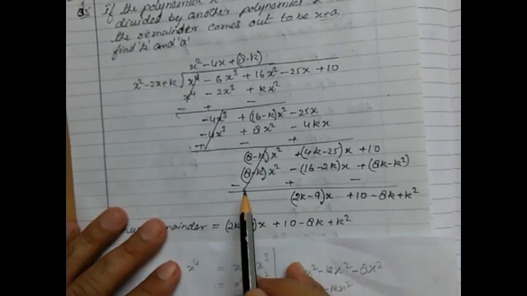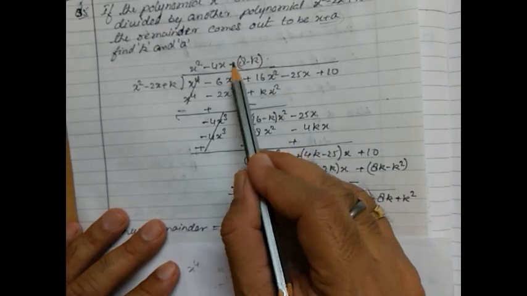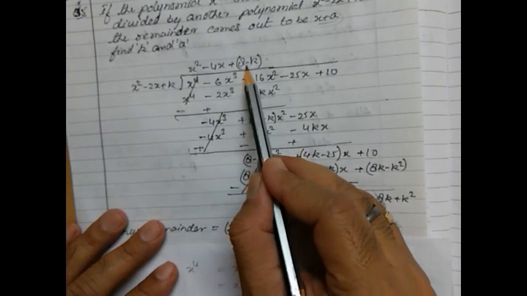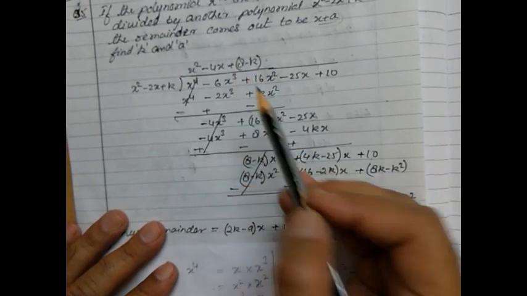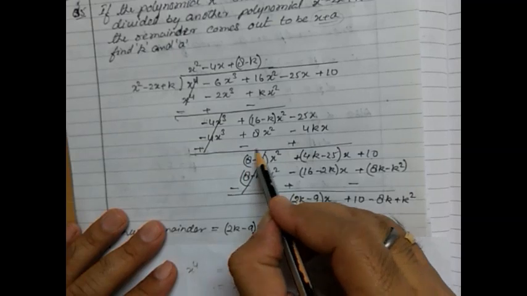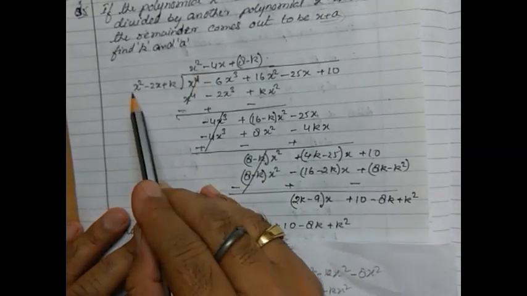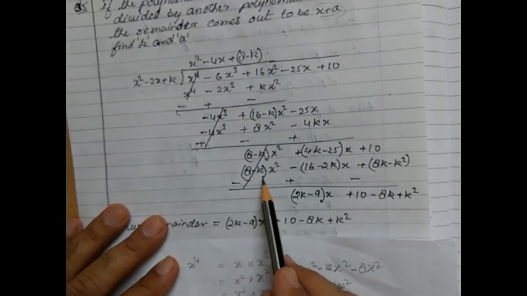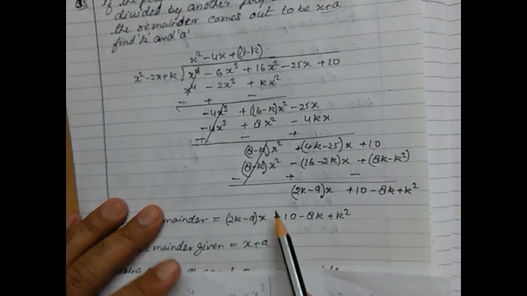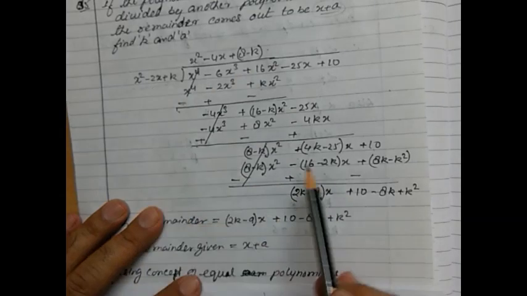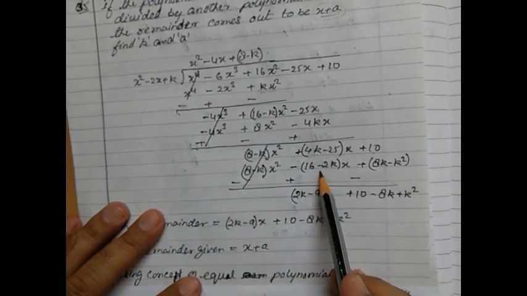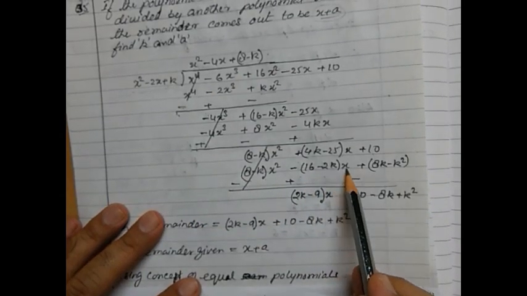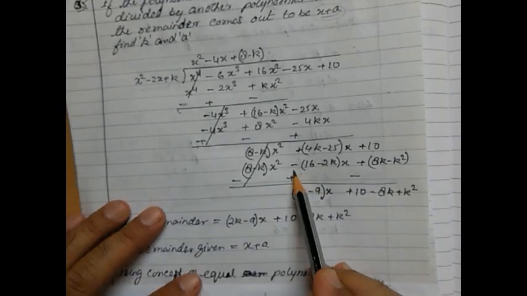Clear? Now the last term, you see here we have taken 8 minus k. To eliminate this 8 minus k, we will multiply this divisor by 8 minus k. So we get (8 minus k) x square. This will get eliminated, and when we multiply with the second term, we get 16 minus 2k inside, x outside, and the minus sign outside.